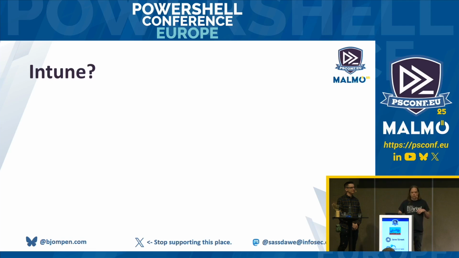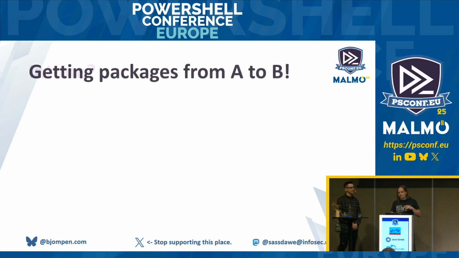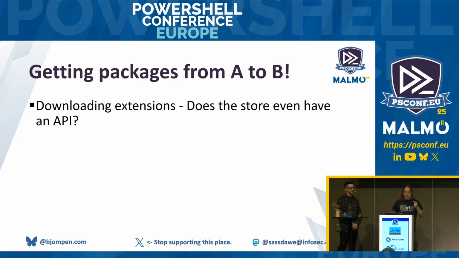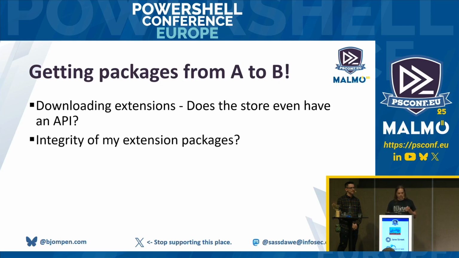So you're saying Intune, but the fact of the matter is, what you're asking is, can we get a package from A to B? And this raises a couple of questions. First of all, instead of having to start VS Code and downloading and extracting a VSIX package and so on, does the VS Code extension store even have an API? And one of the things you mentioned was the 30-minute hacking, evil people publishing bad extensions.